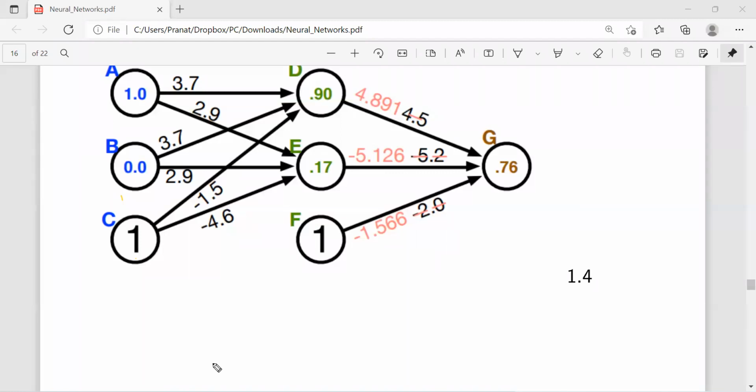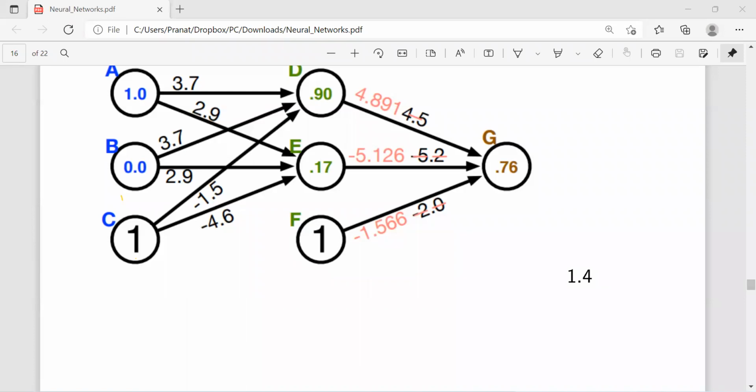In order to do that, we need to calculate dE with respect to dwk, our weight. We know that E is a function of y, and y is a function of s, and s is a function of w. Hence, by using the chain rule, we calculate this by calculating each of these derivatives.